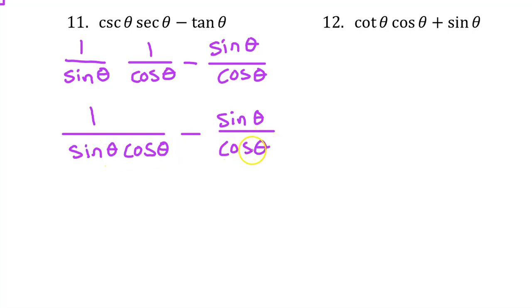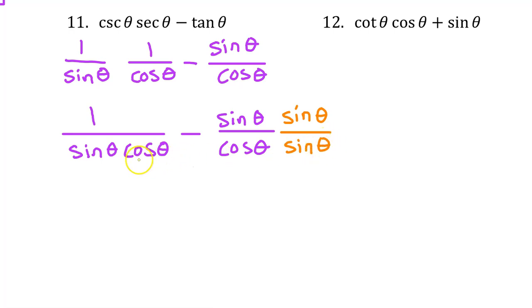Now, I want like denominators. Both denominators already have cosine theta, so I don't need to do anything to make that happen. The fraction on the left has a sine theta. The fraction on the right doesn't. So I'm going to multiply the fraction on the right by sine theta over sine theta.